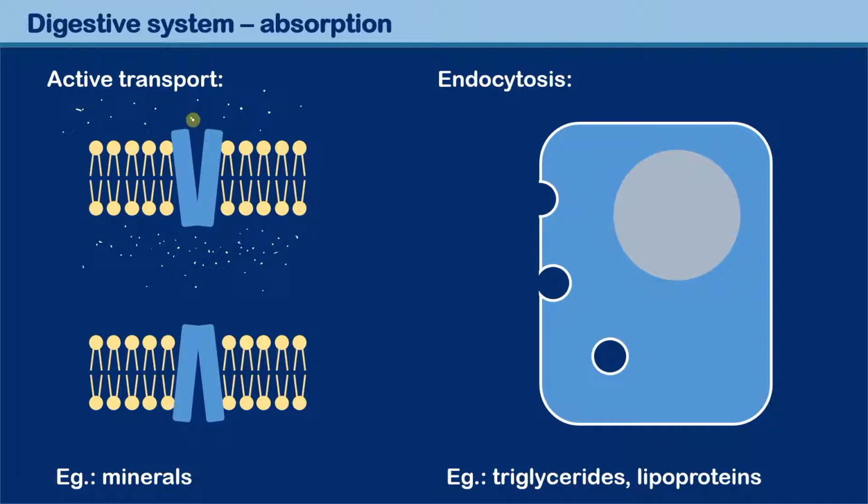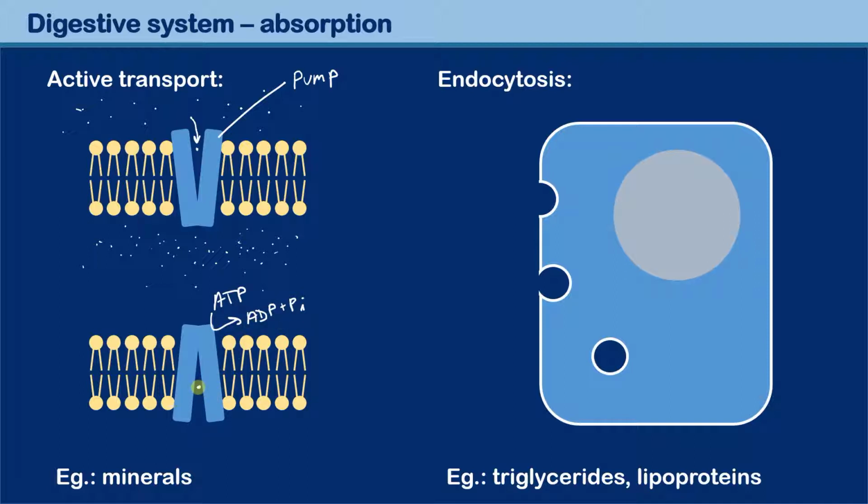But what's going to happen is the following: one of these minerals is going to go into this protein pump. This is a pump, and it's going to flip over. But this requires energy in the form of ATP, and this ATP is broken down to ADP plus an inorganic phosphate, and this process releases energy.